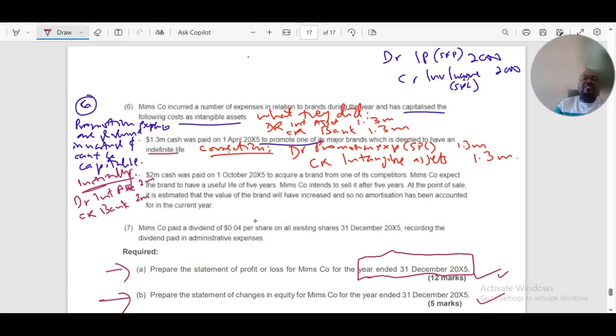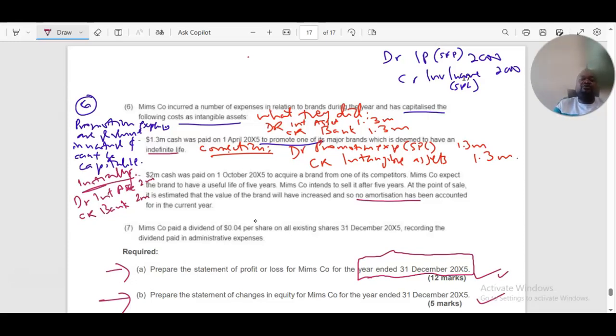Now these guys made a blunder here. They did not account for amortization because they felt that the brand will increase in value and no amortization will be necessary, which was wrong.